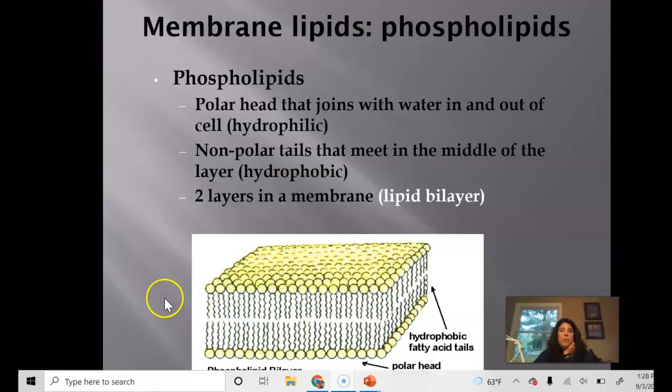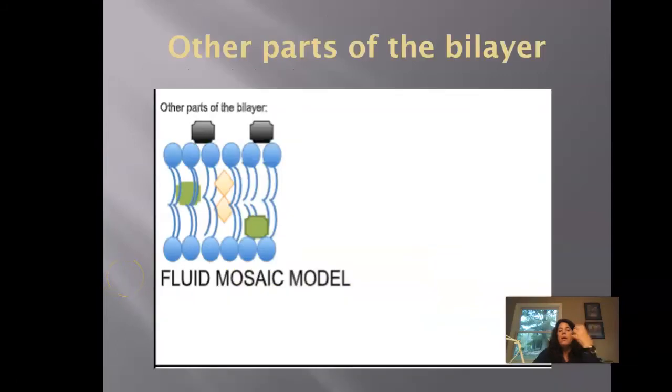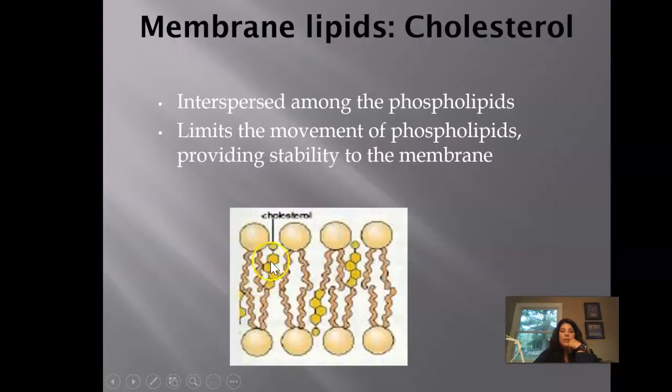Again, here's a more precise diagram. You can see the heads, the tails, and the two different layers. The mosaic part of the fluid mosaic model refers to the idea that there are other parts found in this lipid bilayer, okay? So there are pieces that are going to be floating around inside of this lipid bilayer. First is going to be these structures called cholesterol.